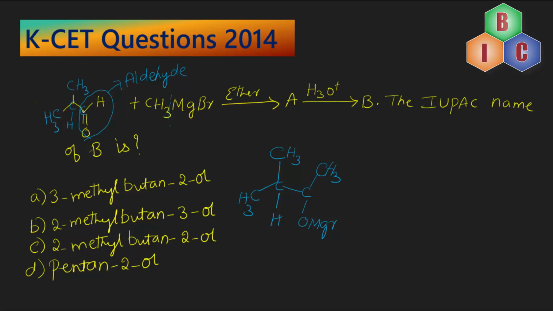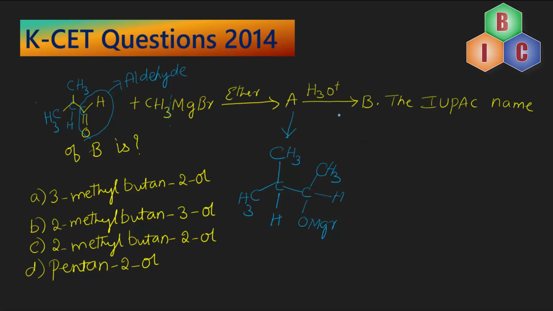So the double bond between carbon and oxygen is broken down to a single bond, one with CH3 and one with OMgBr, and there is an H. So this is our compound A.